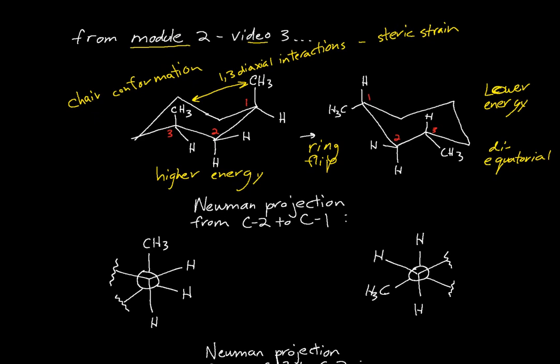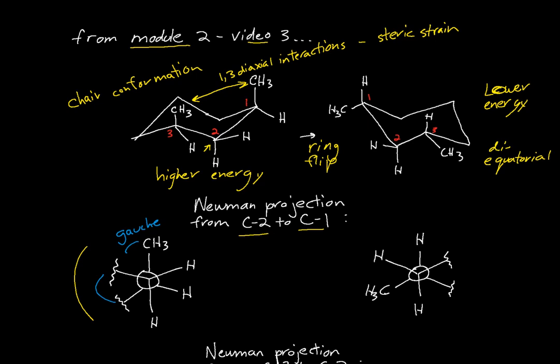First of all, we'll look at it from C2 to C1, so in this direction here. Looking at it from C2 to C1, the left structure on top will look like this. Hopefully you can see how I got to that. Notice everything's staggered. The chair conformation makes all substituents staggered. However, we have what we now know is termed gauche interactions. There's one there and there's one there, so there are two gauche interactions.